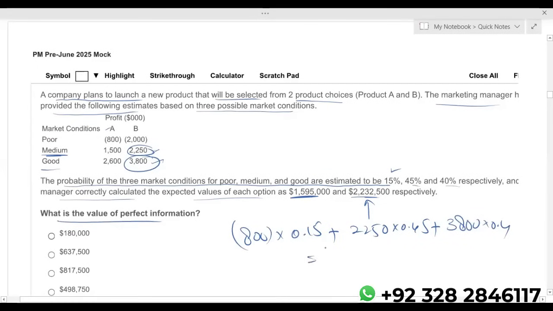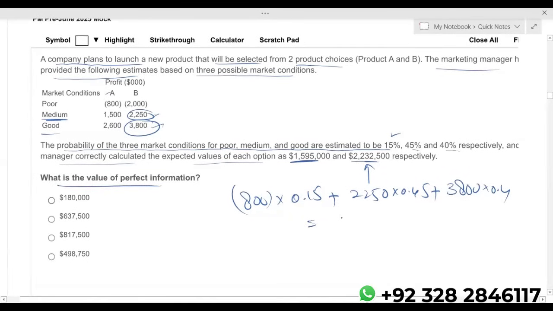Negative 800 into 0.15 plus 2250 into 0.45 plus 3800 into 0.4. So let me use the calculator again. 2250 into 0.45 plus 3800 into 0.4, minus 800 into 0.15.